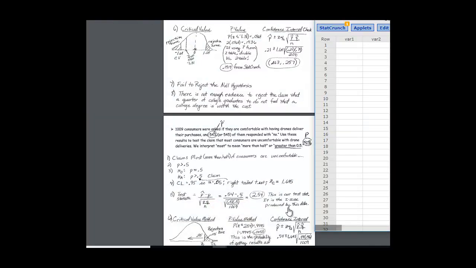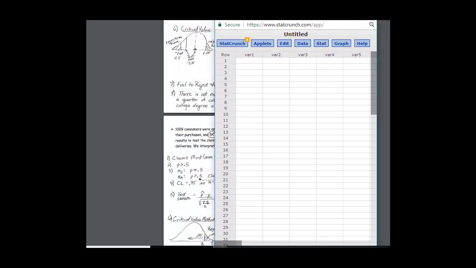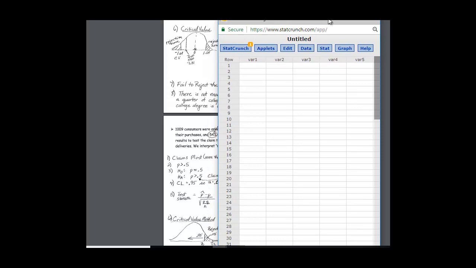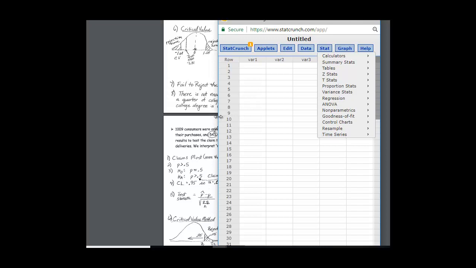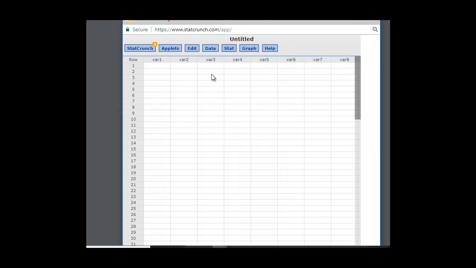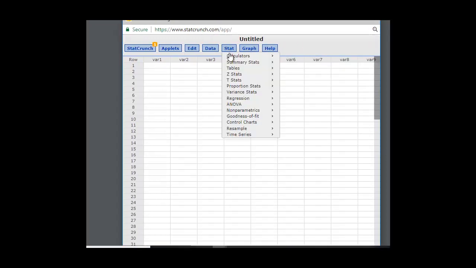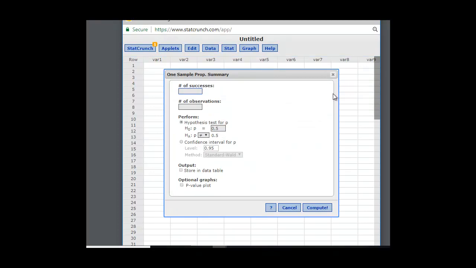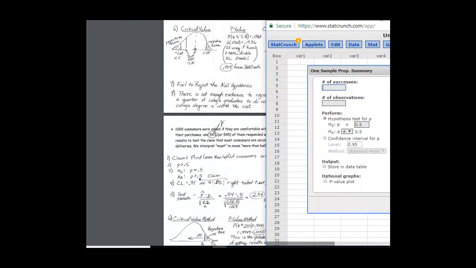So when I go in here, I'm going to go to Stats. I'll make this a little bit bigger. I'm doing proportion stats, 1 sample, and I have summary information. The thing that's unique about this is the number of successes.